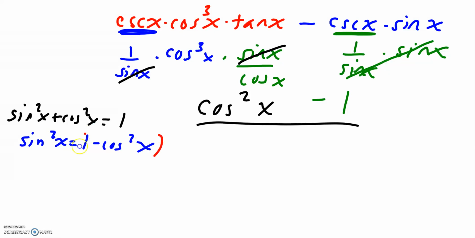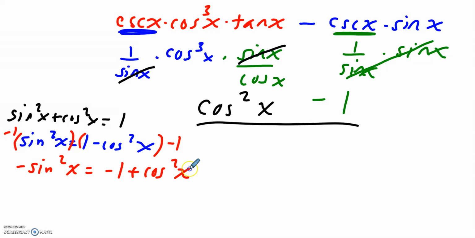How about -1? If I multiply this side by -1 and multiply this side by -1, the identity becomes negative sine squared x equals, let's distribute the -1 in. So this would be a -1, and then negative times negative, positive cosine squared x. This could be rewritten as cosine squared x minus 1.